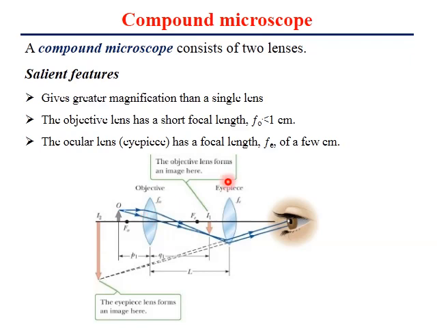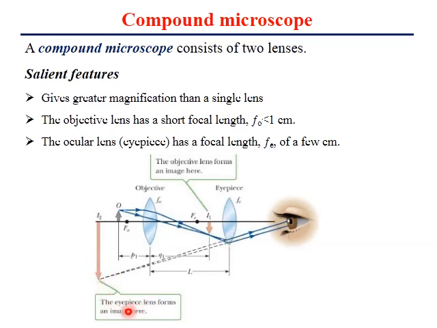Fine. Now this is the actual object whose image we are going to see. The objective treats this as the object, and then the image is formed here, and this image is kind of an object for the eyepiece, and finally the final image made by the eyepiece is this.